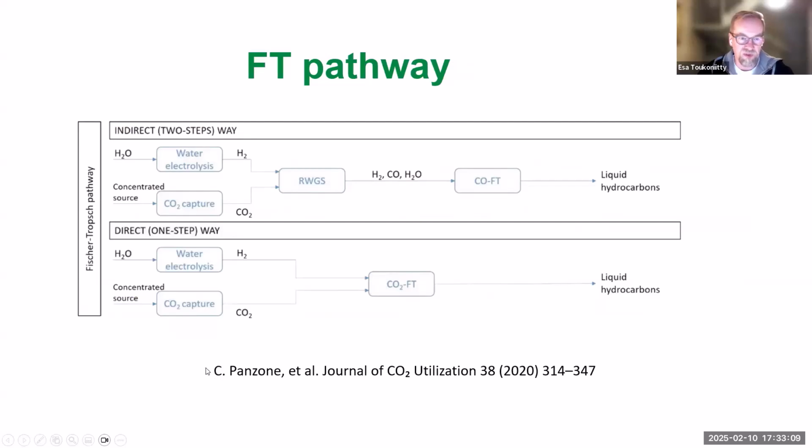It's missing this number 15 in the beginning, but here is the Fischer-Tropsch pathway with indirect and direct steps. In both, the products are similar: liquid hydrocarbons, which are basically components in fuels. The indirect step contains separate hydrogen production by this electrolysis and some kind of CO2 capture.